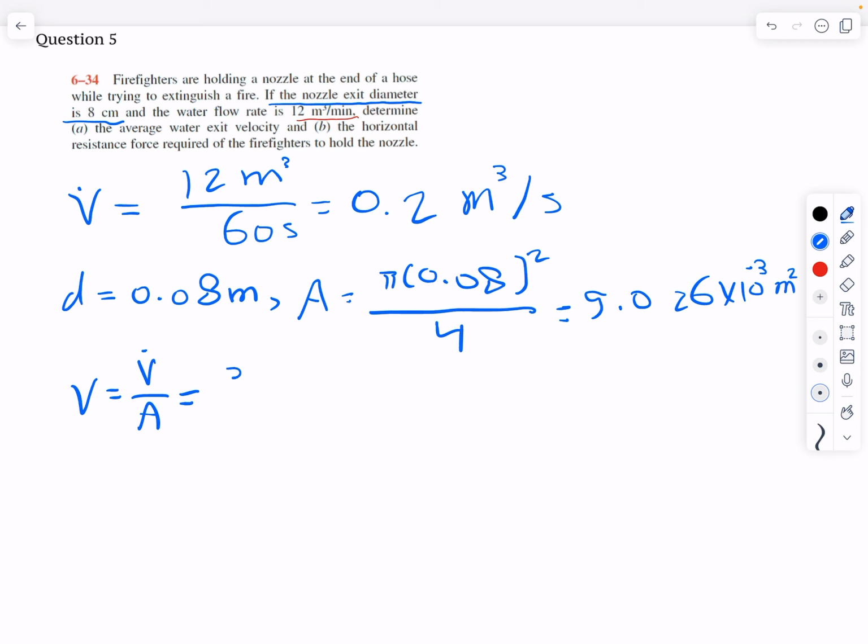V dot, which is 0.2, divided by the area, which is 5.026 times 10 to the power minus 3, is going to give you 39.8 meter per second. So you have to follow these steps to answer the problem.